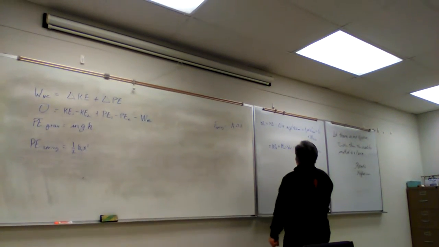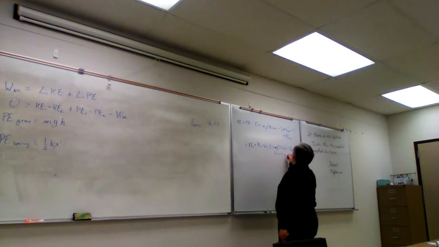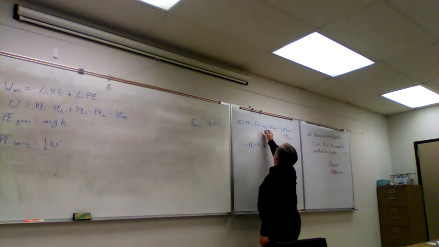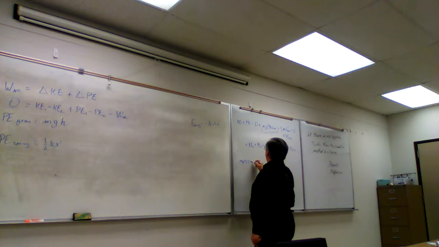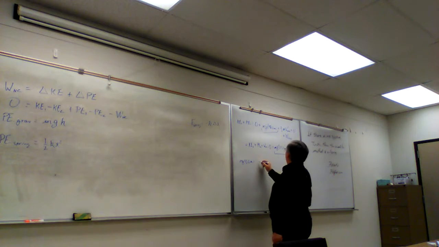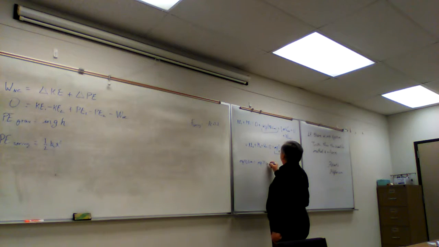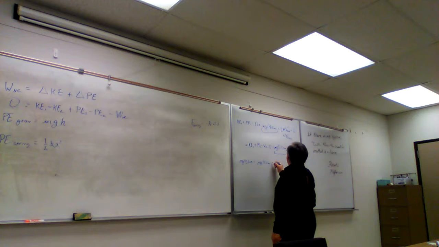Well, now we have a value here so that we can equate to a value here. So we can write mg times 40 meters is equal to mg times 25 meters plus the work done by friction.